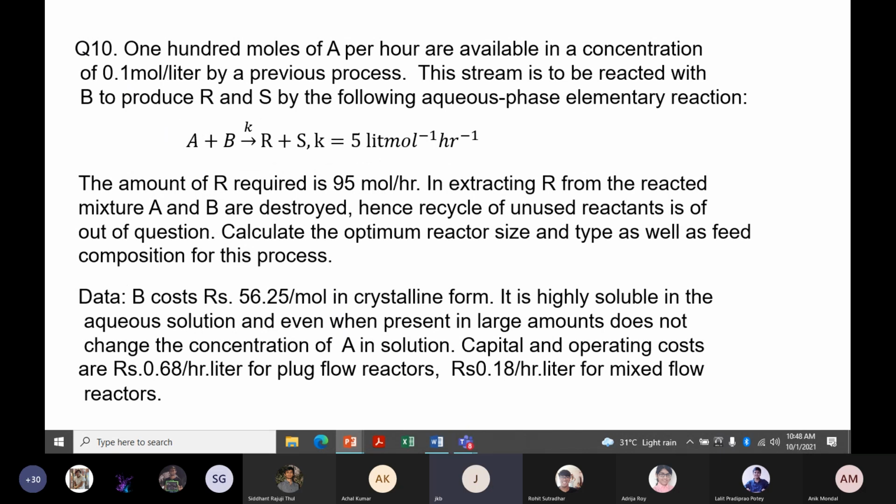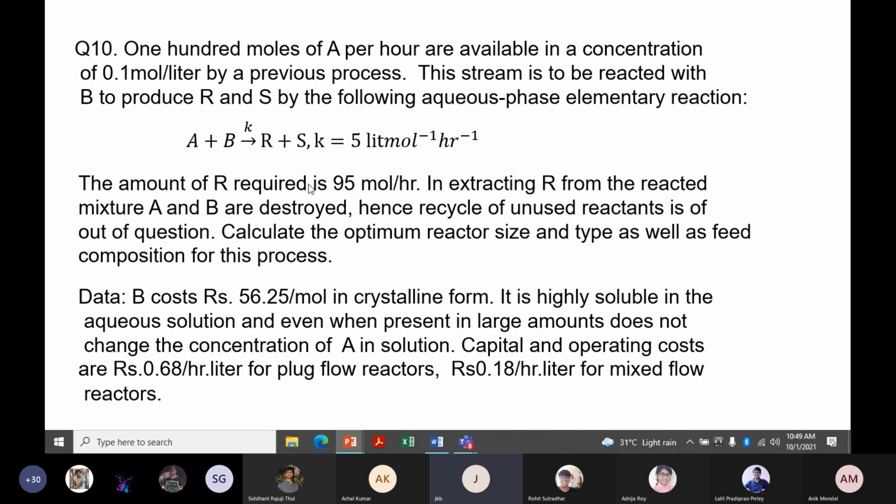This is an example of an optimization problem. 100 moles of A per hour are available at a concentration of 0.1 mole per liter from a previous process. This stream is to be reacted with B to produce R and S. The rate constant k is 5 liter per mole per hour.